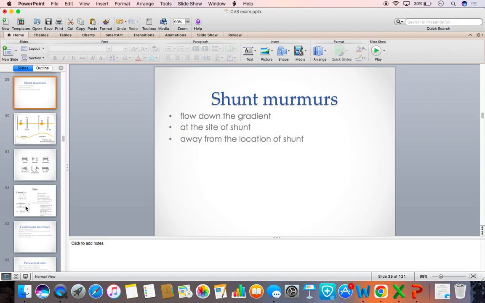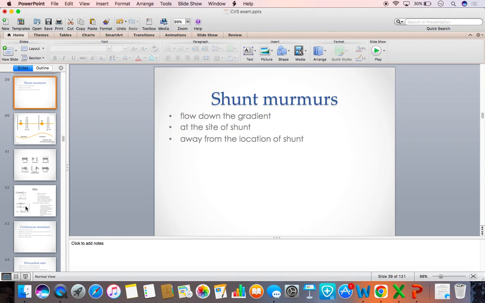Then let us talk about the shunt murmurs. They flow down the gradient at the site of shunt. Sometimes they could be away from the location of the shunt. For example, ventricular septal defect is a shunt murmur, and this is heard at the location of the shunt, that is the left lower sternal edge.